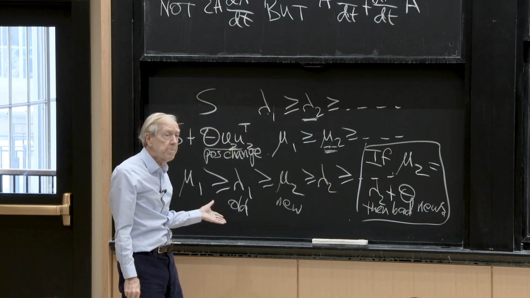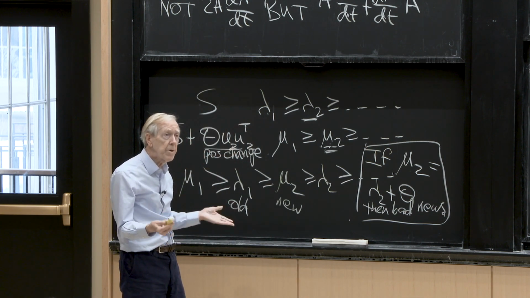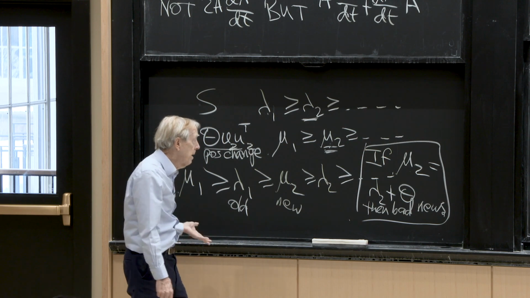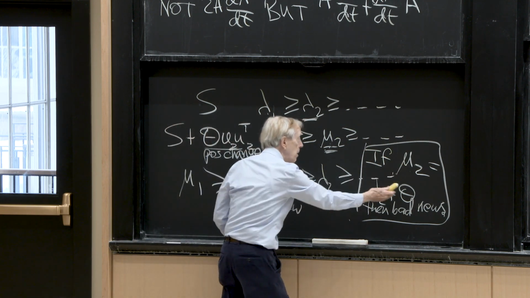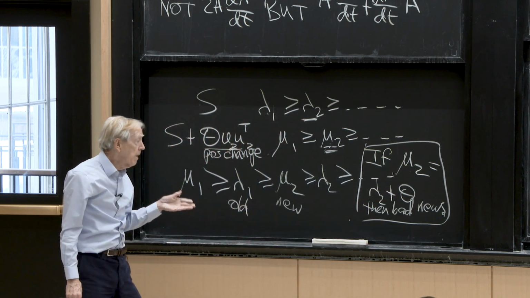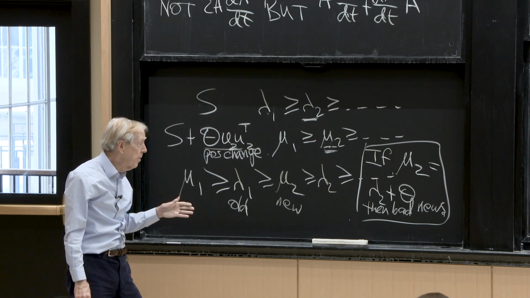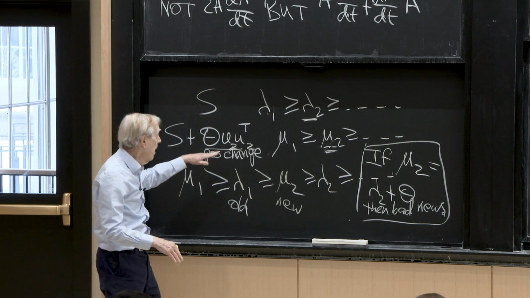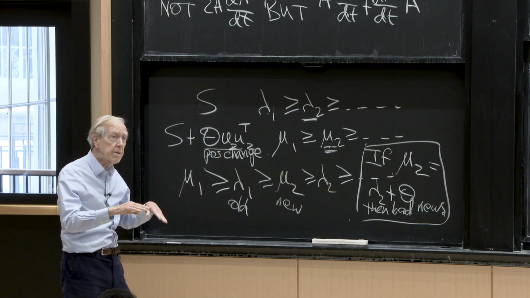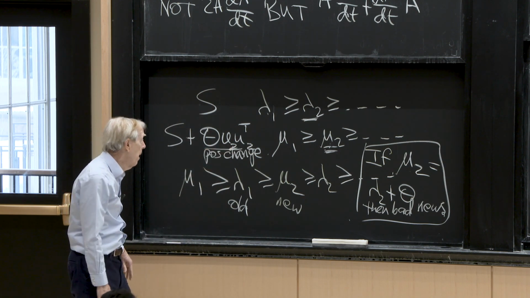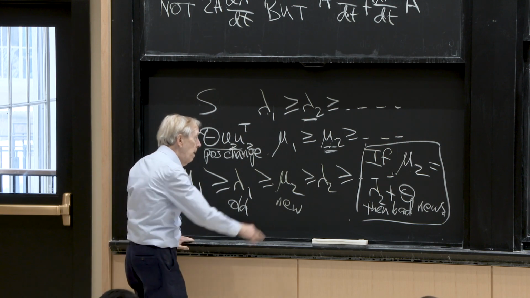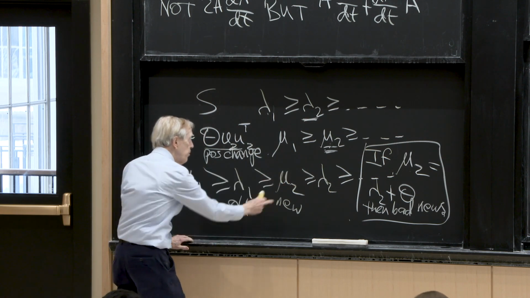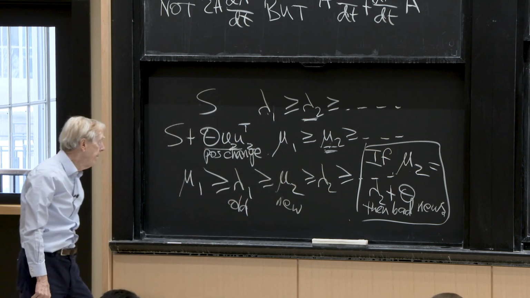Because theta can be as big as I want. It can be 20, 200, 2,000. And if I'm just adding theta to lambda 2 to get that second one, because it's the second eigenvector that's getting pumped up, then after a while, mu 2 will pass lambda 1.